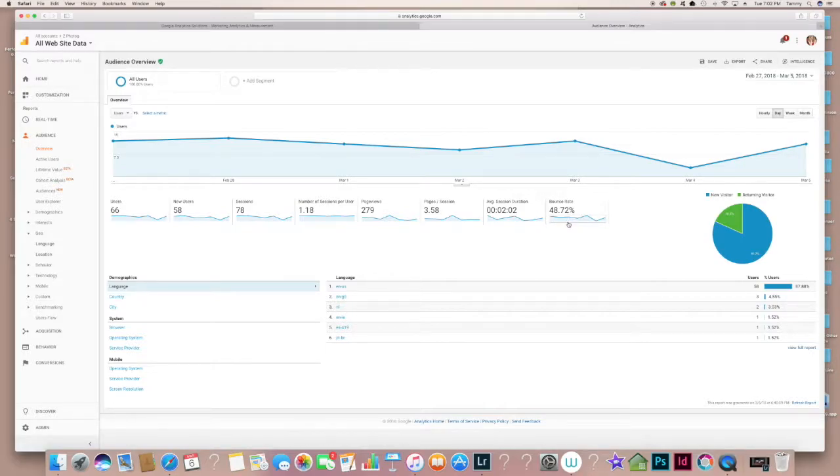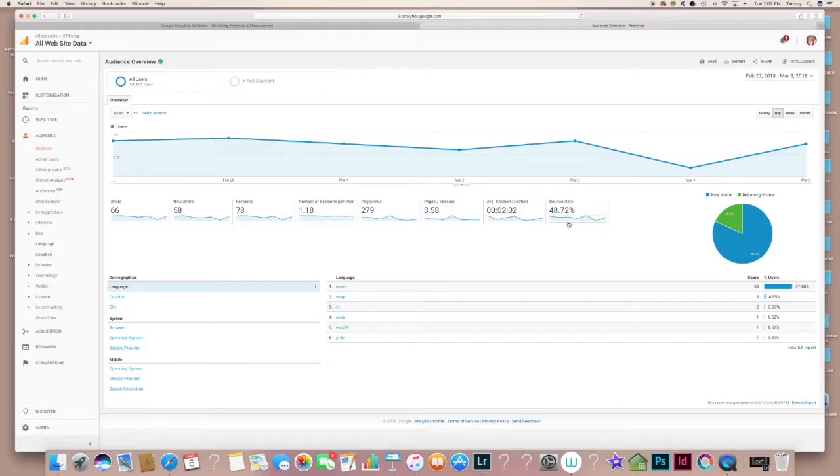The bounce rate is basically the percentage of single page sessions. In other words, if you Google something and you are looking for information, you land on a page, you read the first paragraph and decide that's not the page for you, you leave. So you've bounced off that page.